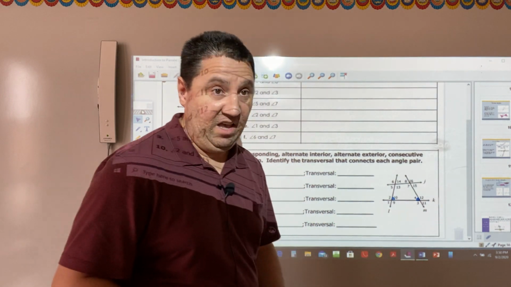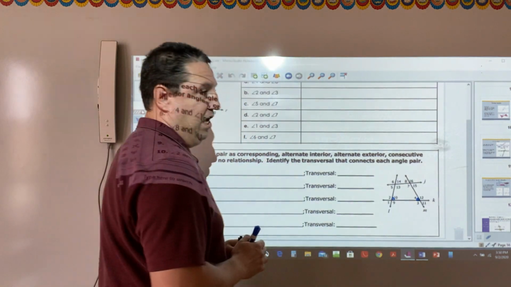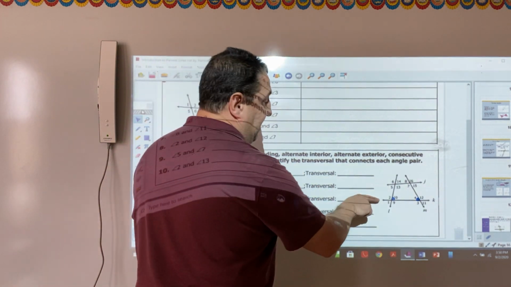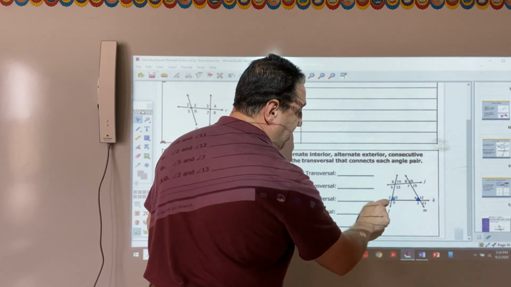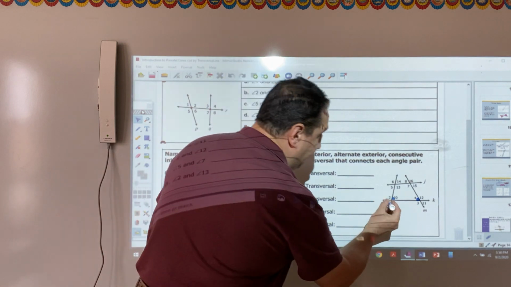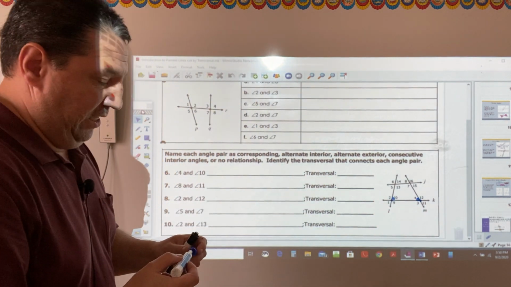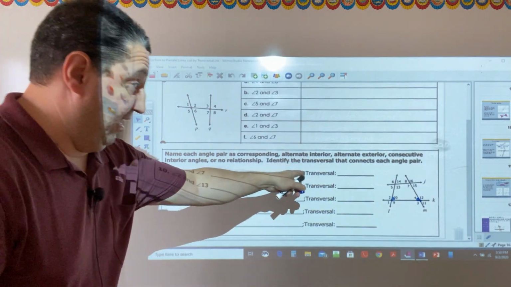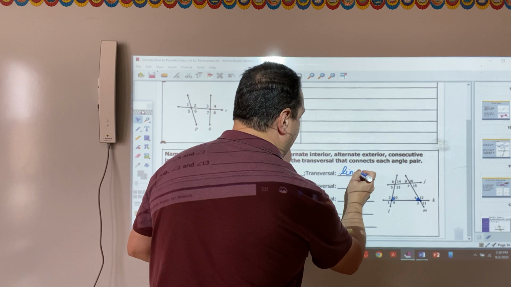In this case, line K is the transversal. Why? Because this line cuts the other two lines, L and M, at two different points. So, the transversal is line K.